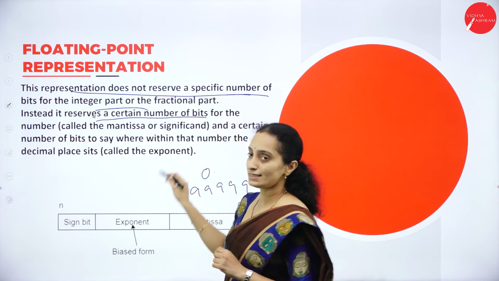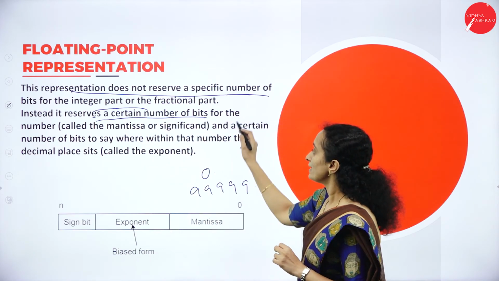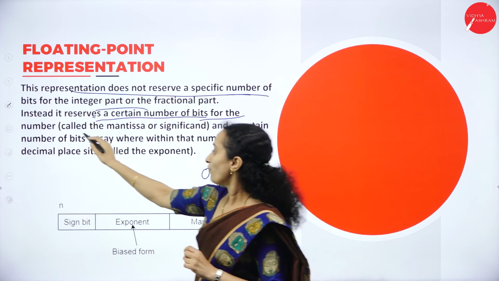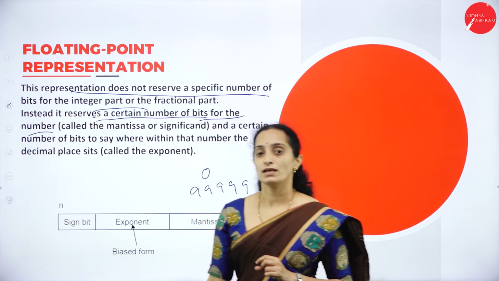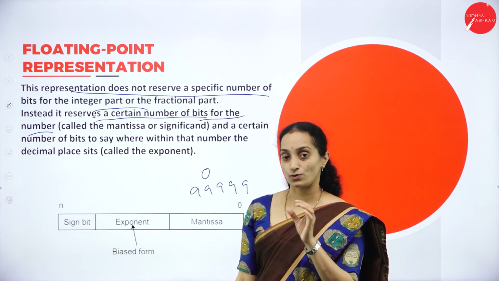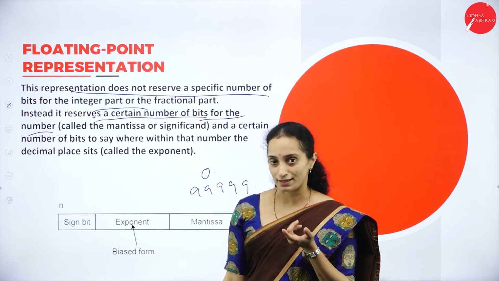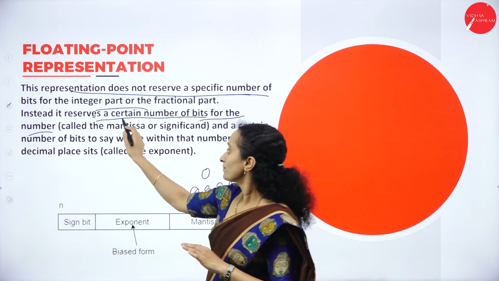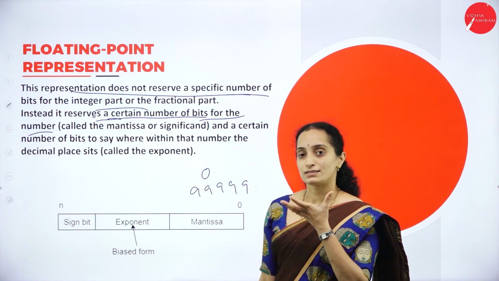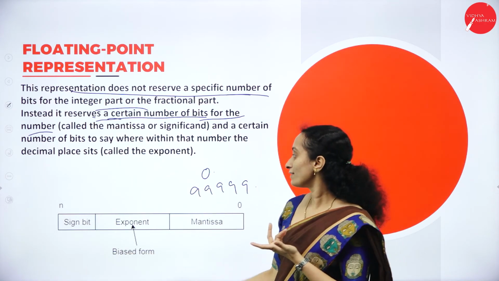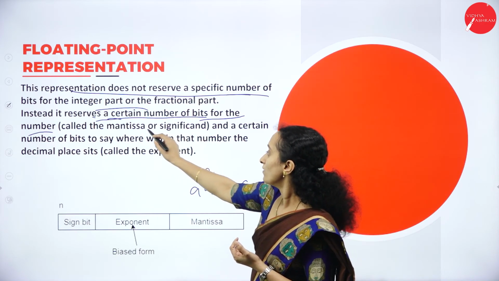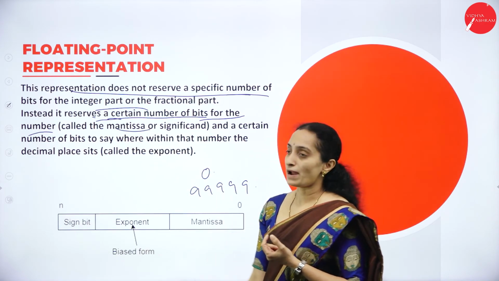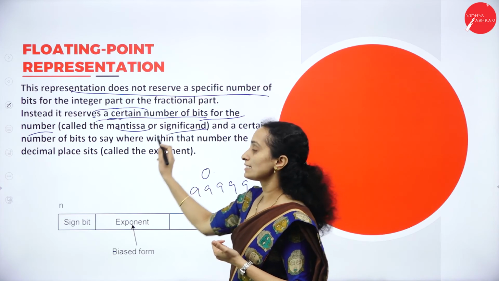Instead, it reserves a certain number of bits for the number. Okay, it is not fixed for this much only. You cannot use the number beyond that. You can use any number of data, but you will have a reserved number of memory locations given for the number, which is called the mantissa or significand.